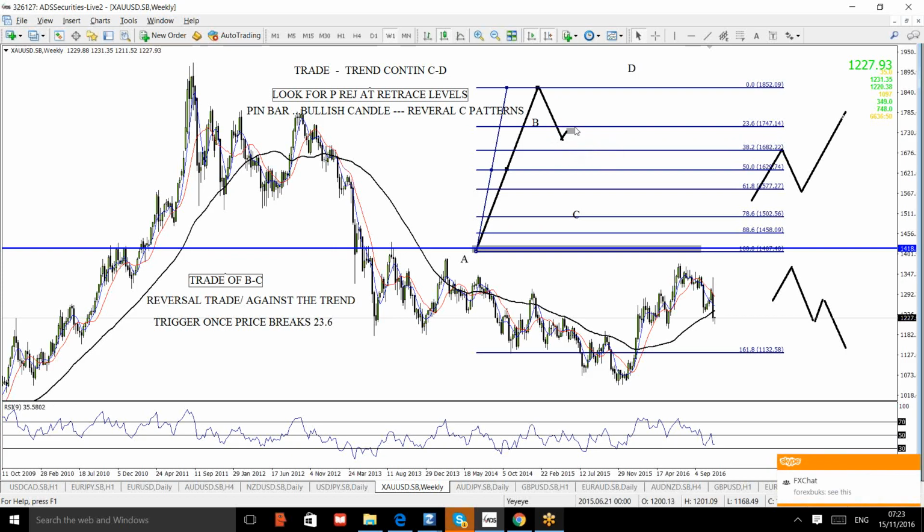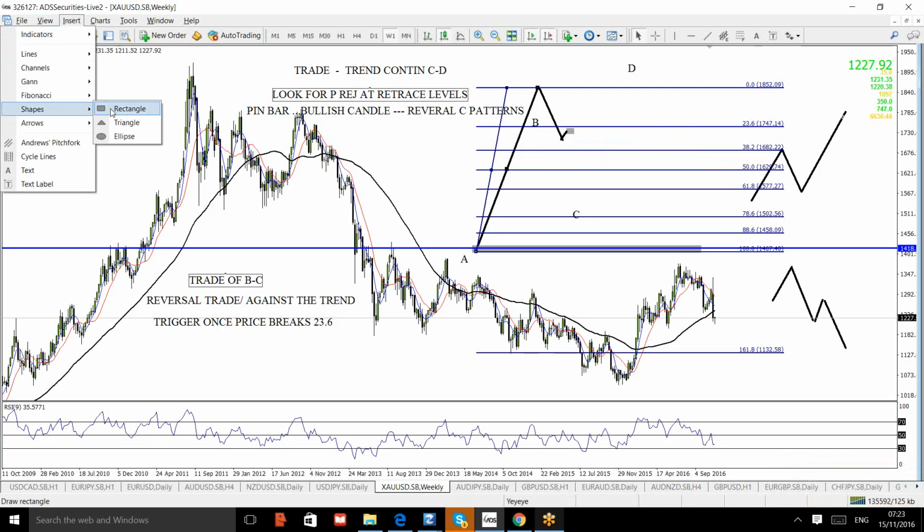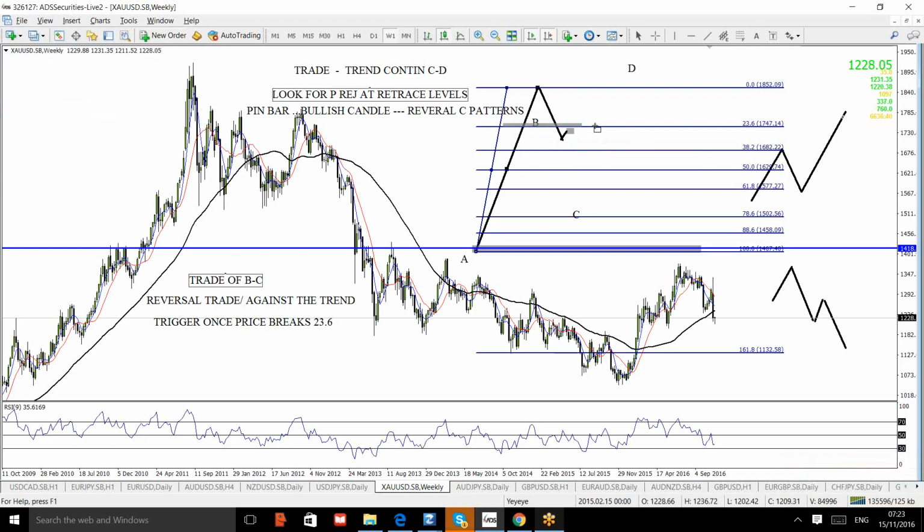Okay. Now, guys, when you're taking a BC trade, always treat these levels as resistance. This is your resistance now, right? And always stay in the trade as long as the price fails to break this resistance. When you're taking a trade B to C, you will be looking at these levels as resistance.